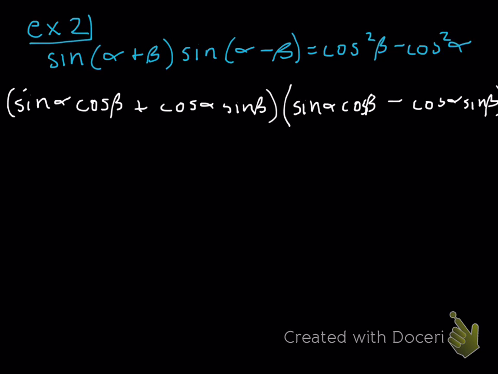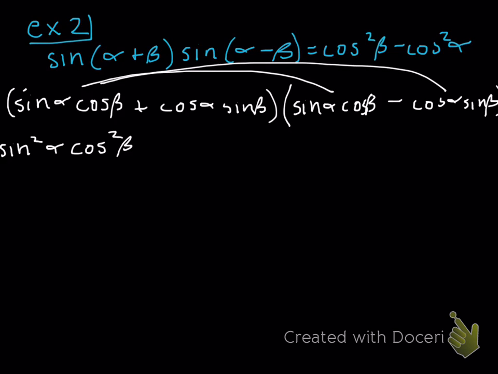And from here we have to FOIL. So we're going to do our first, outer, inner, last. So if I multiply my two first terms, I'll have sine squared alpha cosine squared beta. In my inner and outer terms, you're going to notice, so this term and this term are going to be exactly the same, just one's positive, one's negative.